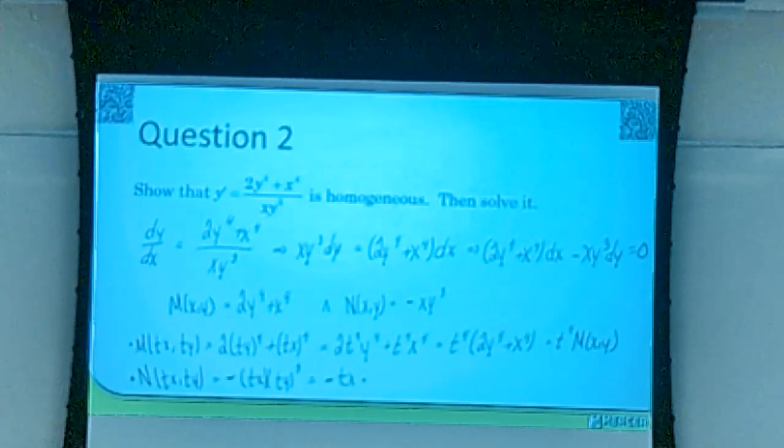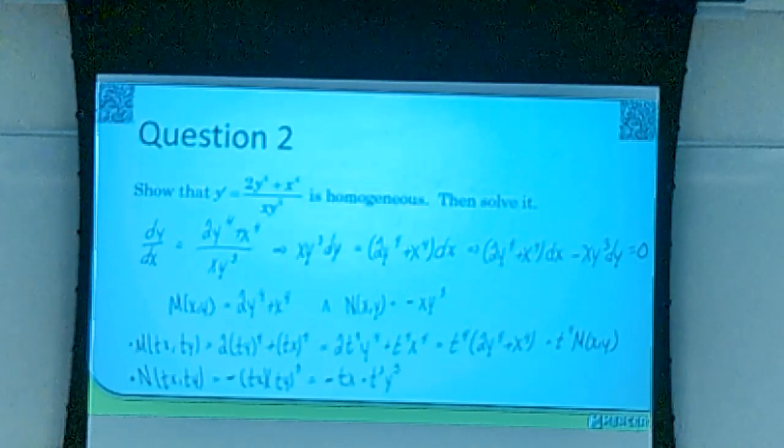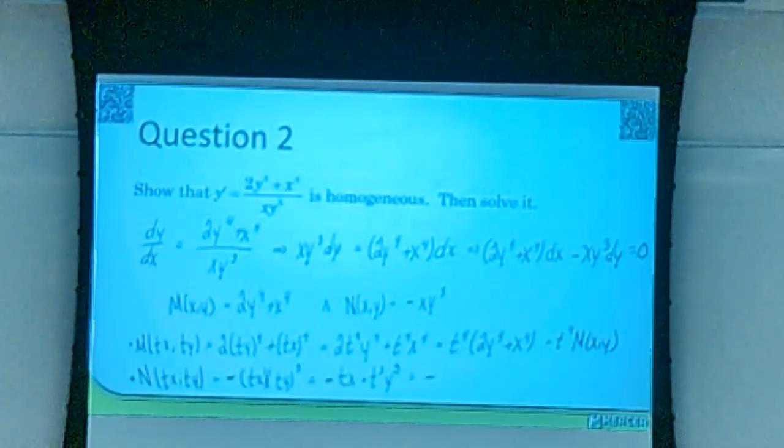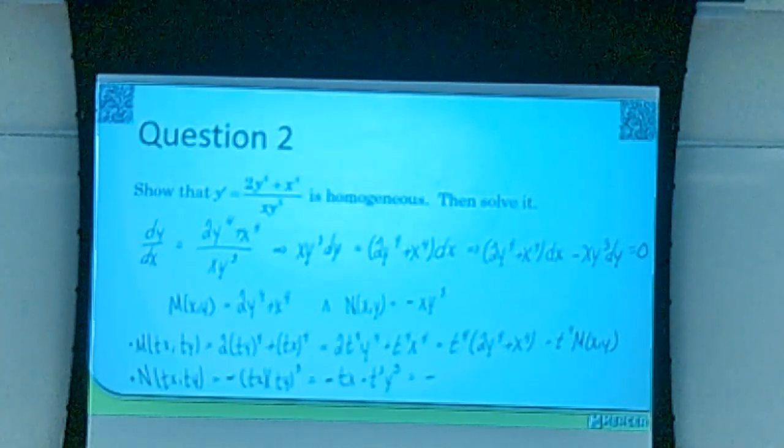Negative t x times t cubed y cubed. What does that simplify to?